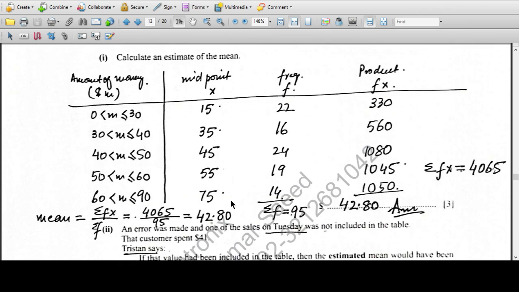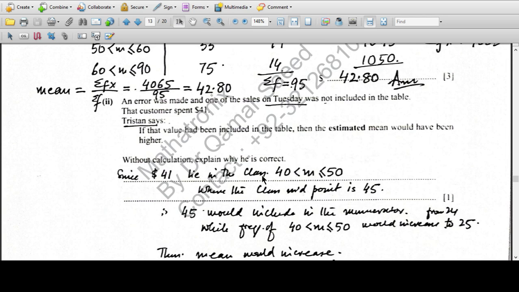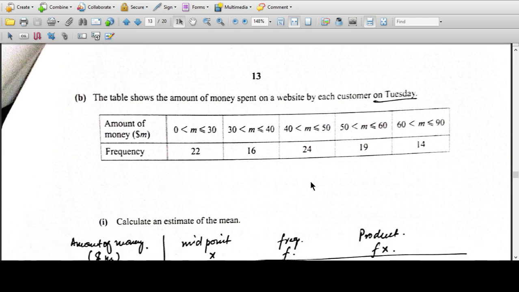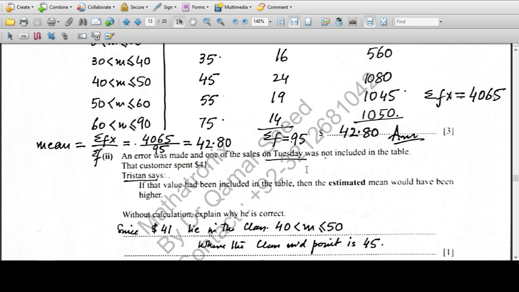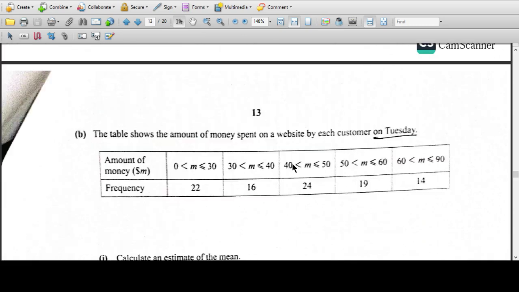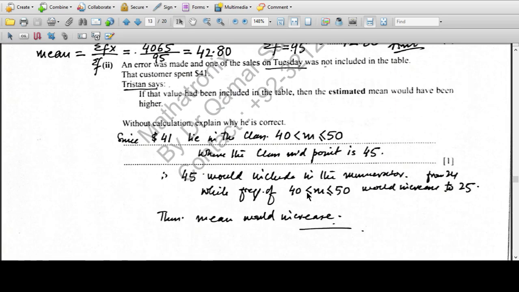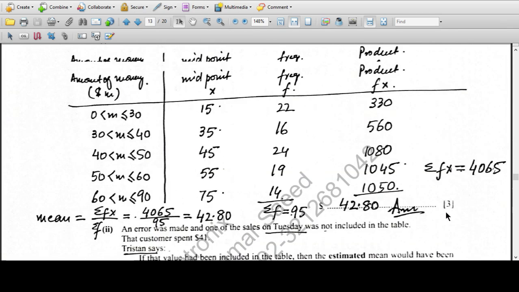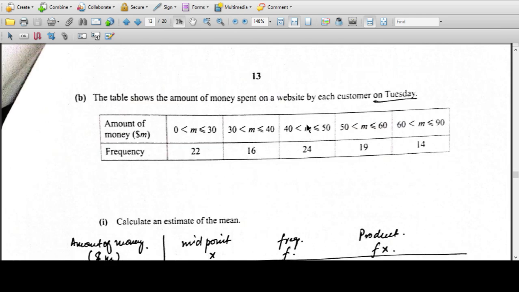Since $41 lies in the class 40 to 50, where the class midpoint is 45, 45 would be included in the numerator, while the frequency of 40 to 50 would increase from 24 to 25, because one sale was omitted.